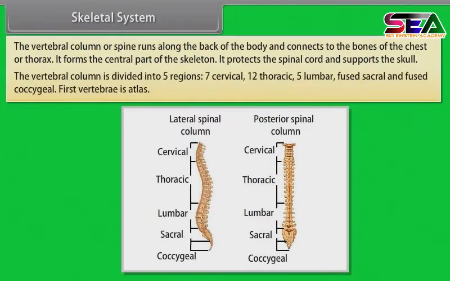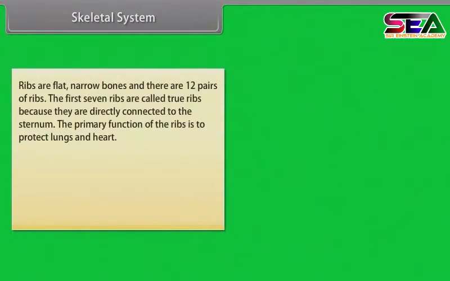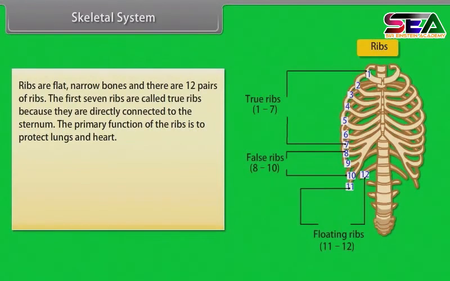The vertebral column is divided into 5 regions: 7 cervical, 12 thoracic, 5 lumbar, fused sacral, and fused coccygeal. The first vertebra is the atlas. Ribs are flat, narrow bones, and there are 12 pairs of ribs. The first 7 ribs are called true ribs because they are directly connected to the sternum.